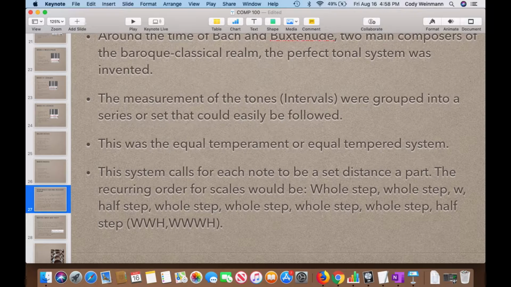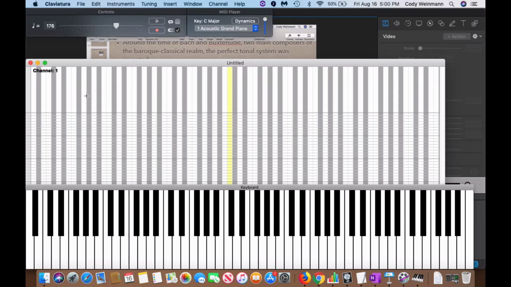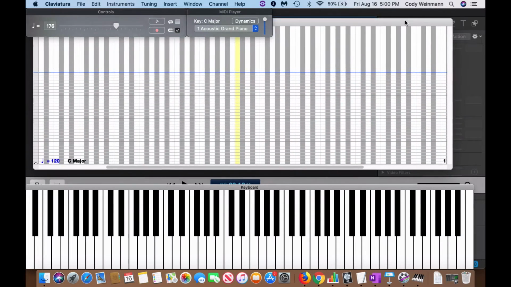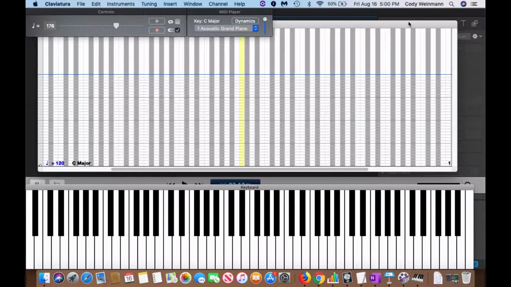So whole, whole, half, whole, whole, whole, half. That's the pattern. Okay, now I have the claviatura up, and I'm going to play the C scale, and we're going to check out the intervals.